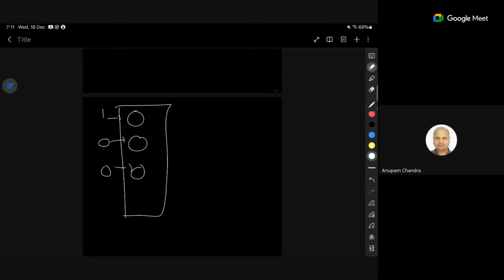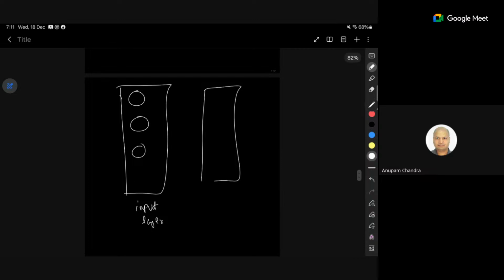So this is my input. This is the input layer, and this is my hidden layer. The input layer, or just input you can consider.